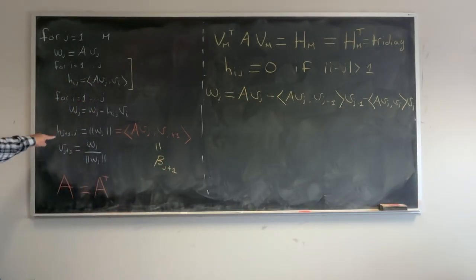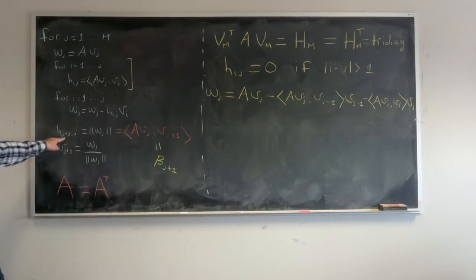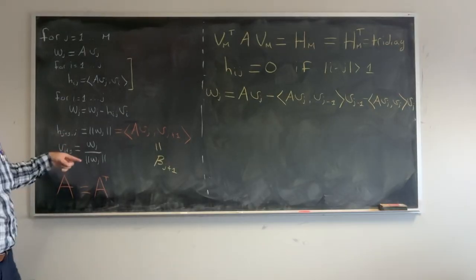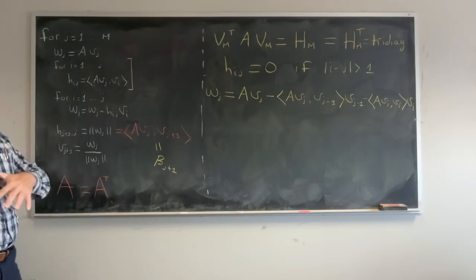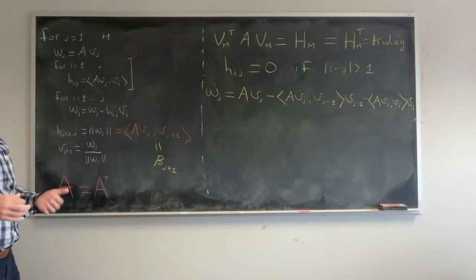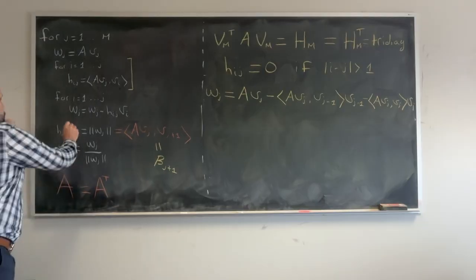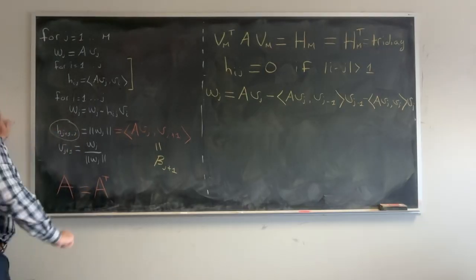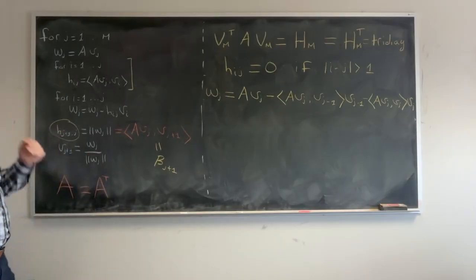The index there goes with whichever of those is largest. It should really either be by the column or by the row, but since it's symmetric, either one is going to work. So beta j plus 1 is defined as this right here, and the index matches with the larger of the indices there.